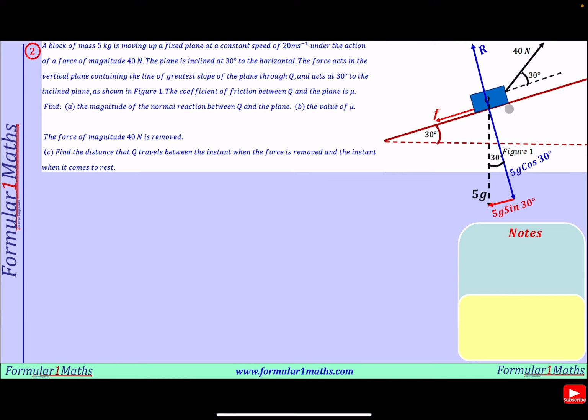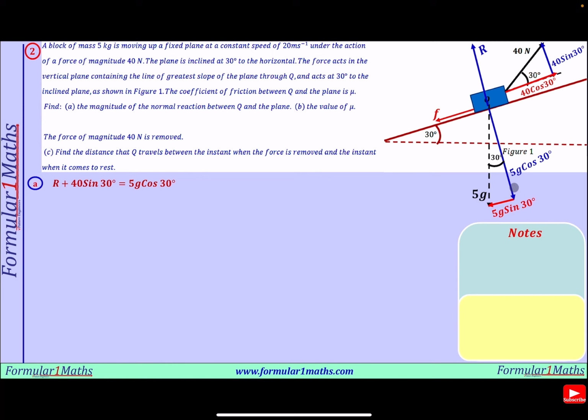Now we turn our attention to the 40 Newton force, which resolves into 40 cos 30 parallel to the plane and 40 sin 30 perpendicular to the plane. For A, we consider the forces perpendicular to the plane. So in that case, we have R plus 40 sin 30, because they are moving up, must be equal to the only force which is perpendicular and moving down.